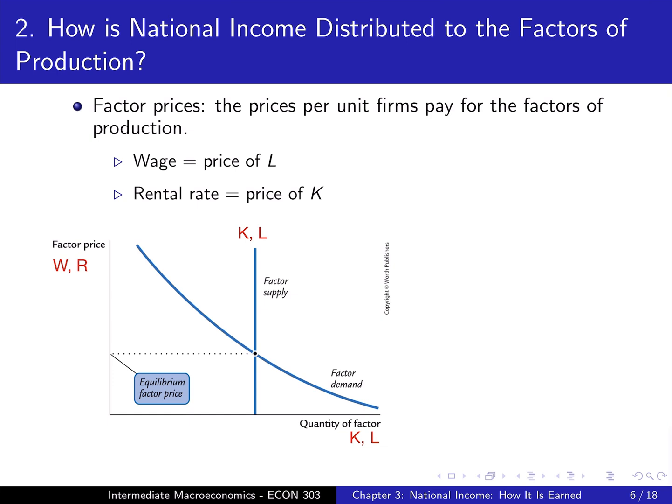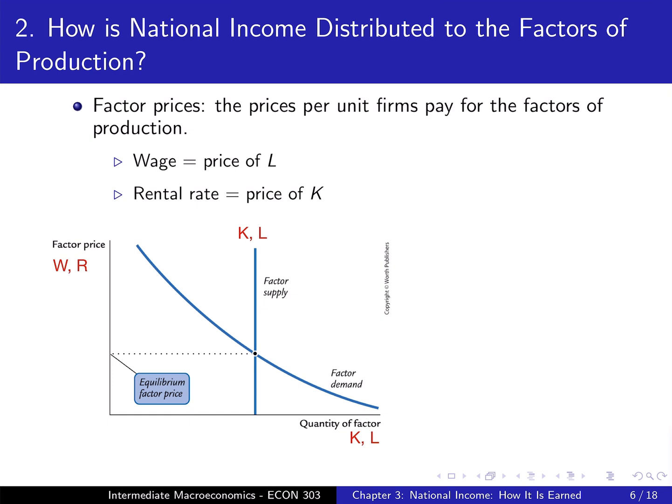It reflects how much a firm pays each worker or hour of work. The rental rate is the price paid per unit of capital. This is the cost of using machines, equipment, or buildings. These factor prices are determined in competitive markets, where firms decide how much labor and capital to hire based on how much those inputs contribute to output.